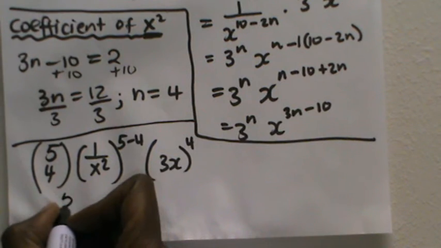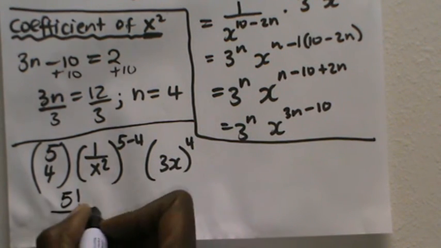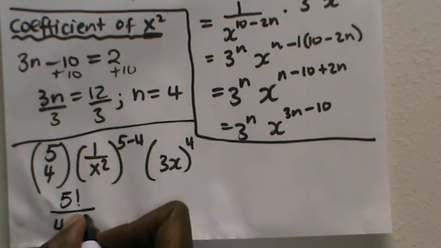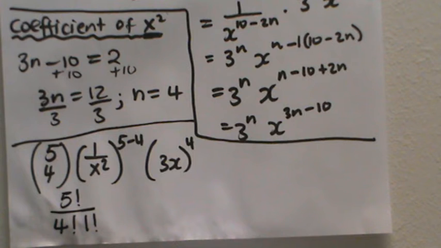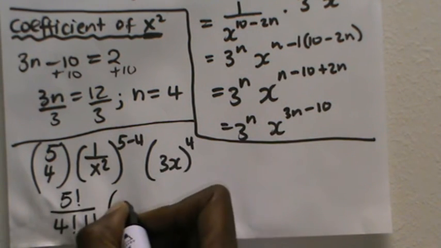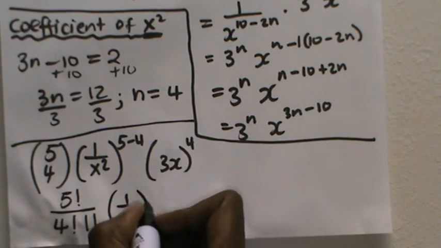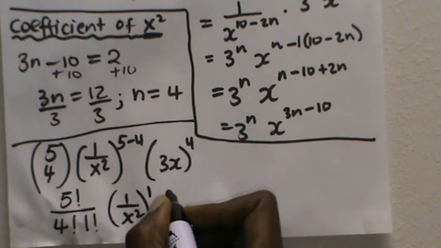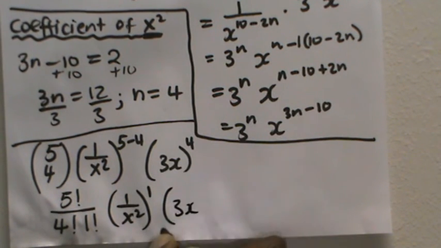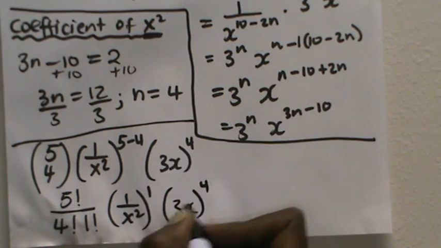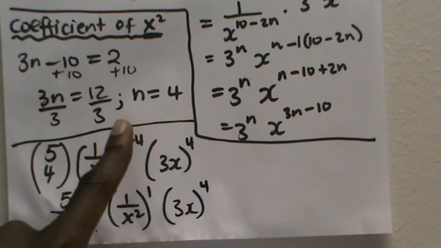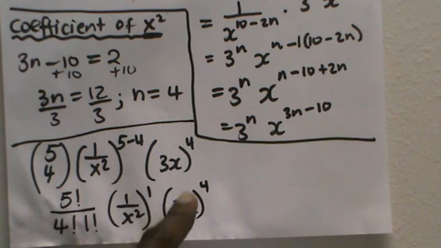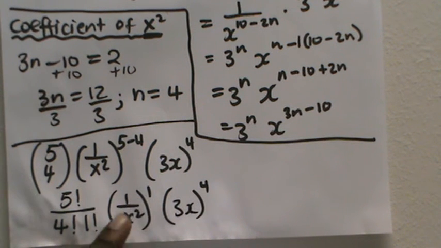This one here is 5 factorial over 4 factorial, 1 factorial. Okay, and then this one over here is 1 over x squared to the power of 1, and then 3x to the power of 4. Okay, so I've just simplified this over here.